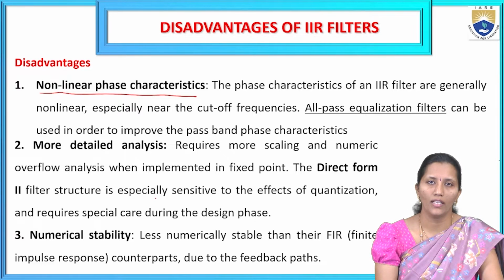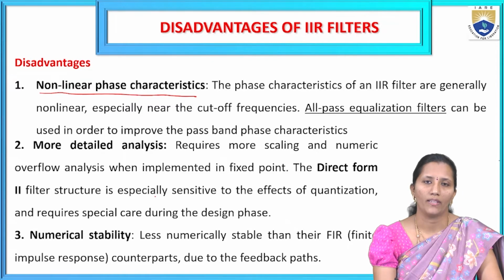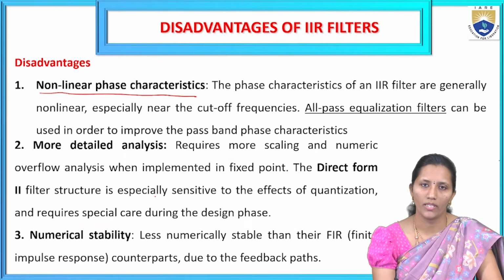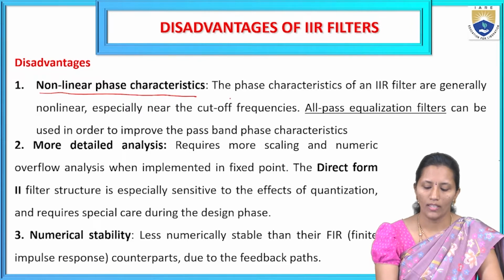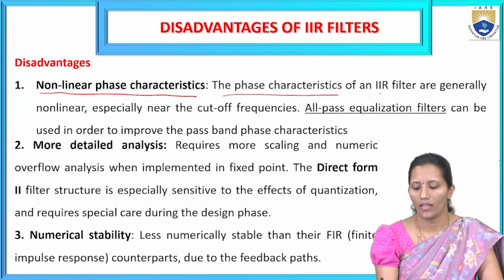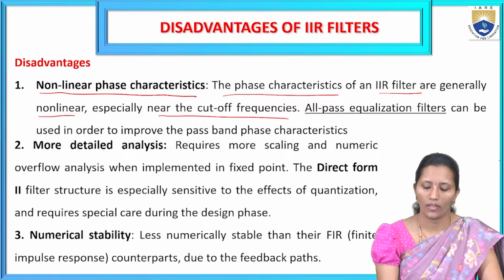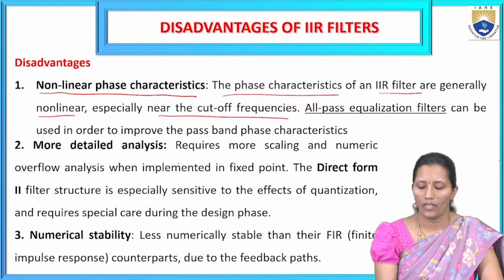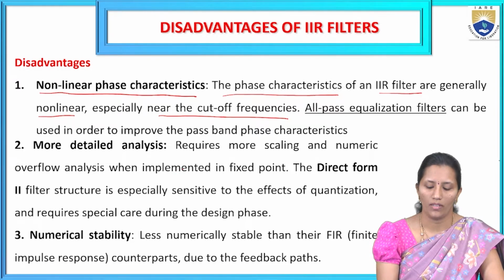For any application which requires a linear phase response, the IIR filter will not be suitable. The phase characteristics of IIR filters are generally non-linear, especially near the cutoff frequencies. Equalization filters can be used in order to improve the passband and phase characteristics.